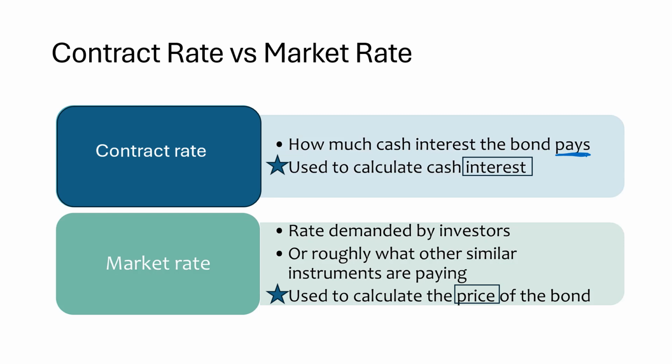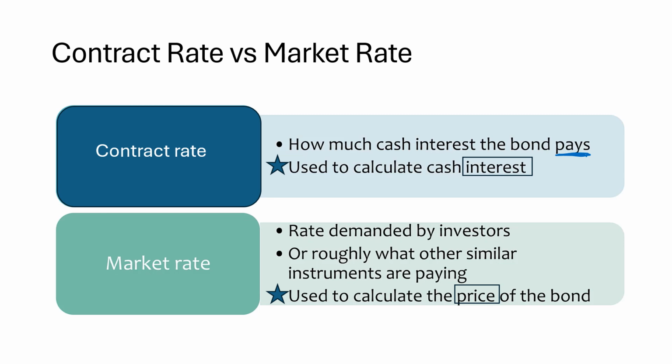The market rate, however, fluctuates based on supply and demand, what people in the market are willing to pay for any product, not just a bond. The market rate fluctuates based on what else is in the market. So the market rate itself is determined by investors.